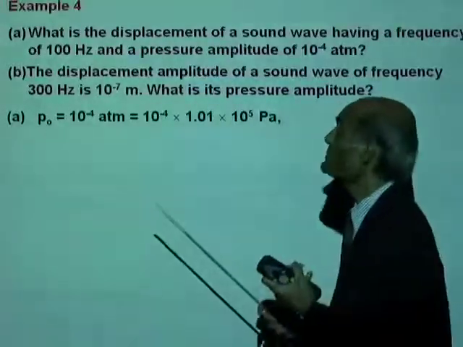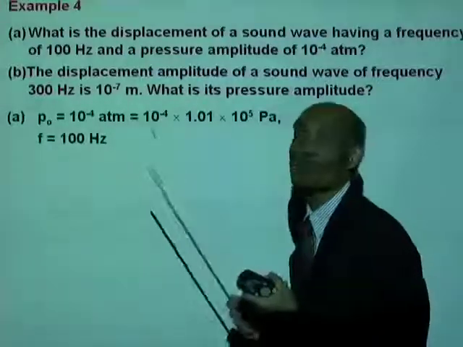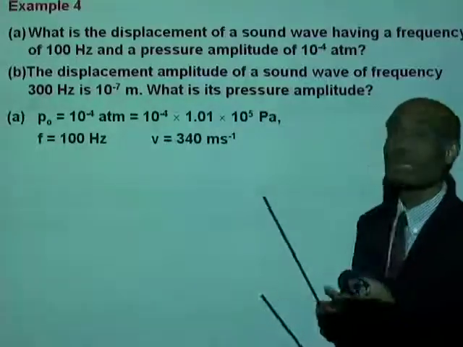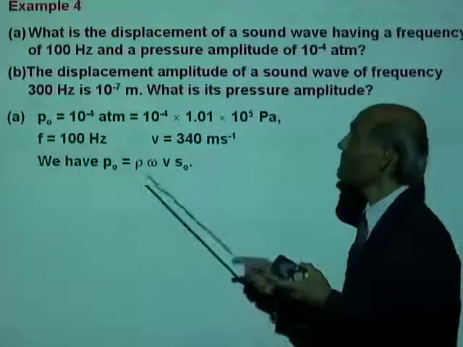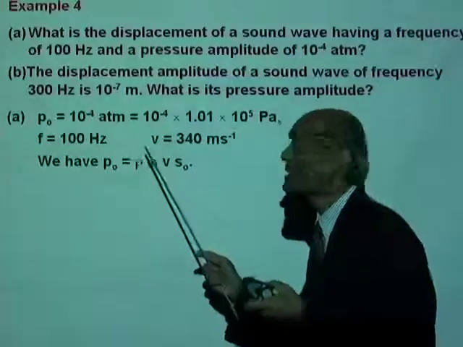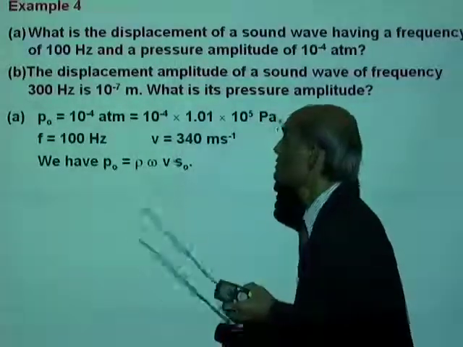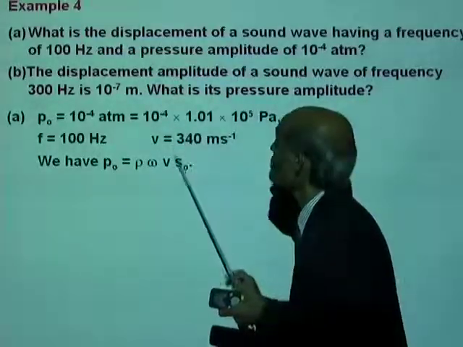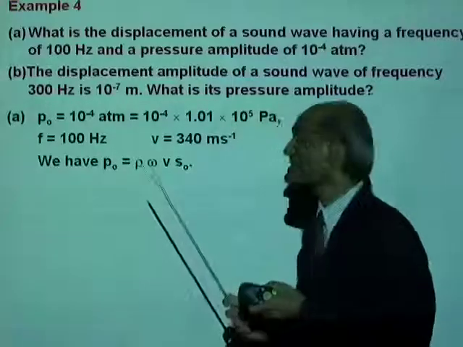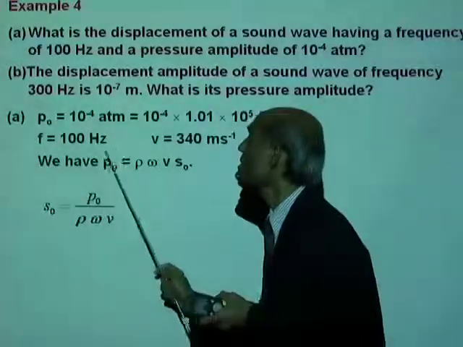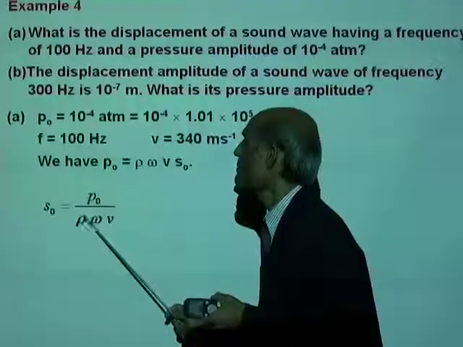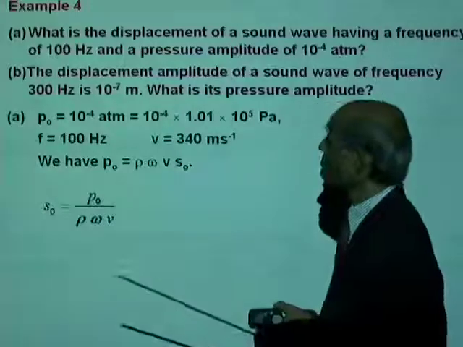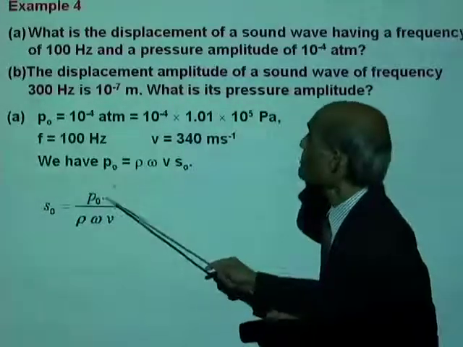So we know we have P0, we have the frequency 100 Hertz, we have the speed as 340 meter per second. And this is the relation between pressure amplitude and displacement amplitude. We need to find the displacement amplitude, so we need to solve for S0. S0 is P0 divided by rho omega V. And we know all those values, don't we? P0 we know.